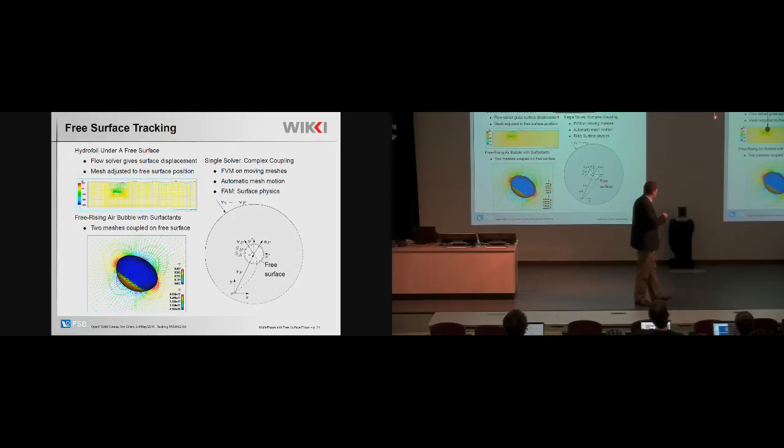Now, if you think about this kind of formulation, we can take those two solvers side by side and solve it twice. Okay, so here is a simulation of a complex coupling where I have a bubble, which is represented by one domain, the water around the bubble represented by the other domain, and now I have two boundaries like this, but basically sitting on top of each other.